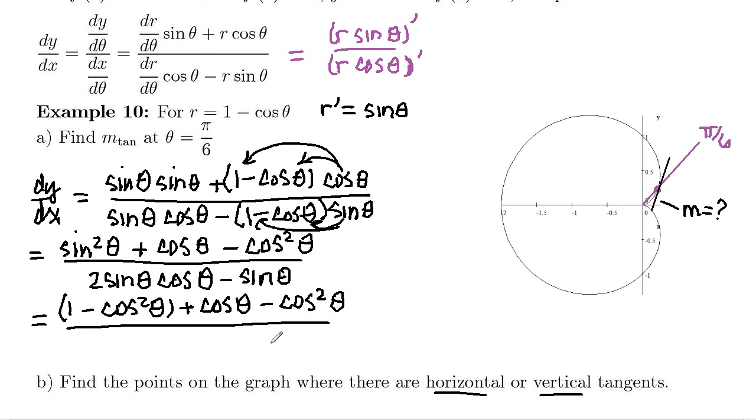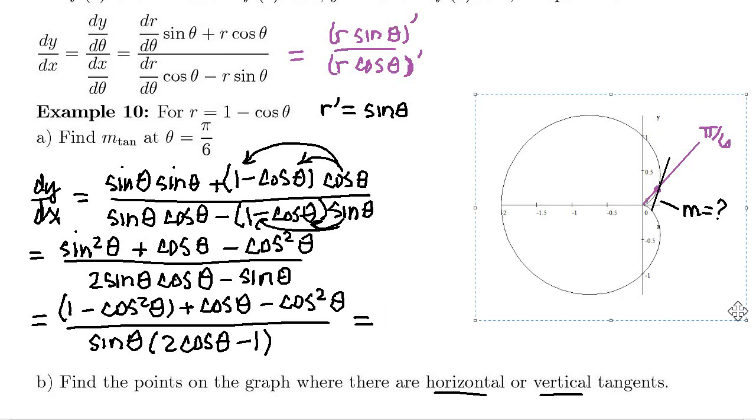In the denominator, if we take out a common factor of sine theta, we'll have left 2 cosine theta minus 1. And then this numerator, we've got negative cosine squared, another negative cosine squared there, so we actually can factor that numerator.